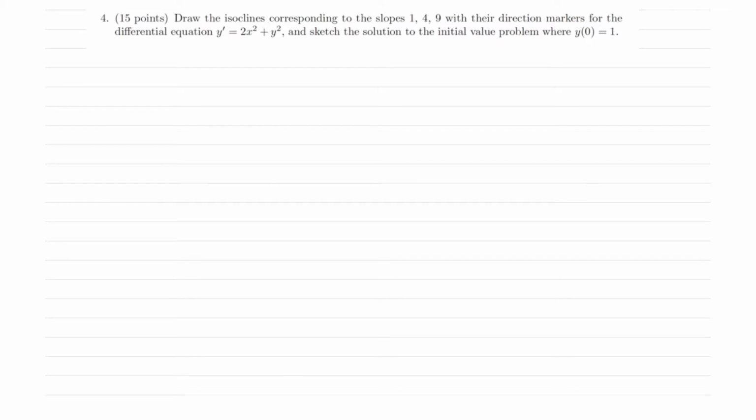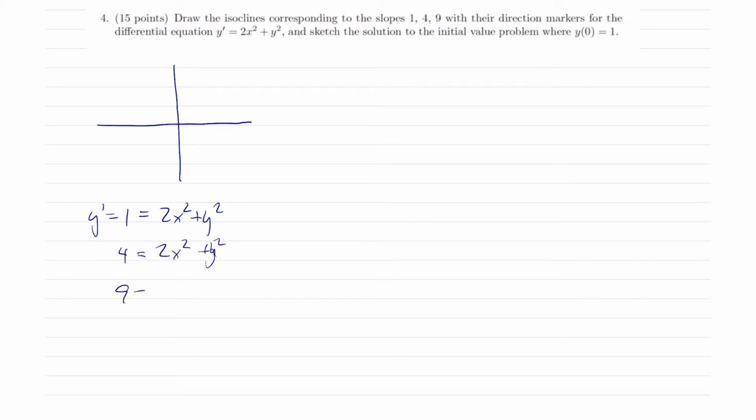Okay, so remember, isoclines are all the points that match a particular slope. So for here, the slopes that we care about are y prime equals 1, which gives us 1 equals 2x squared plus y squared. Also, we want 4, which would be 4 equals 2x squared plus y squared.